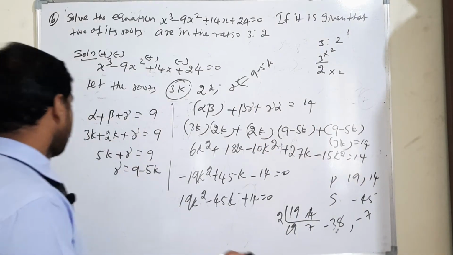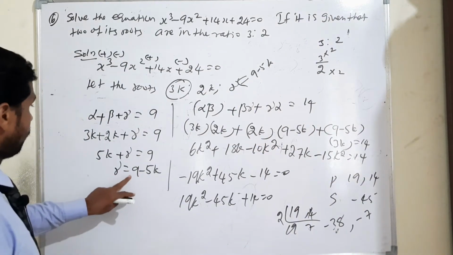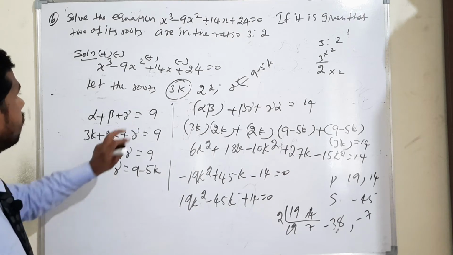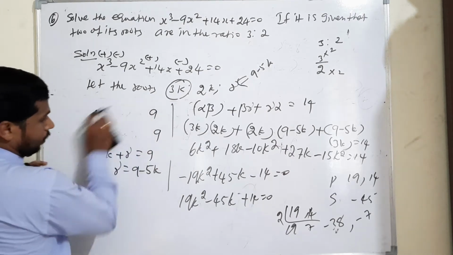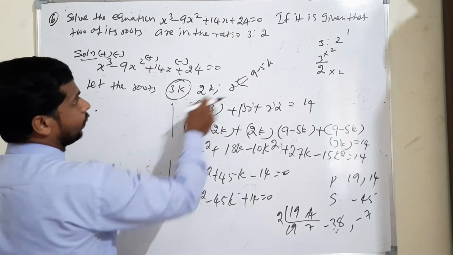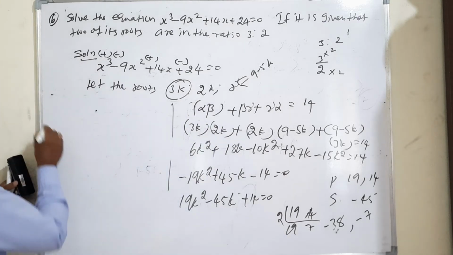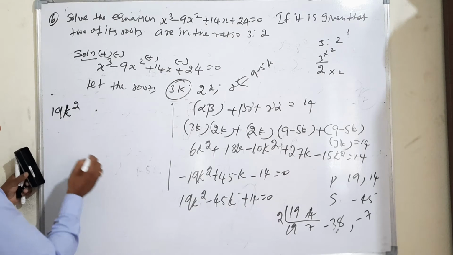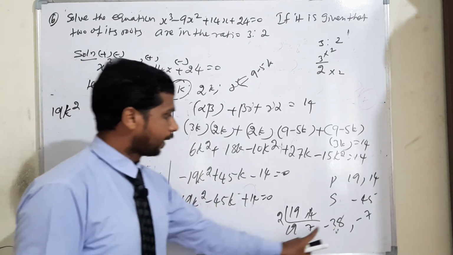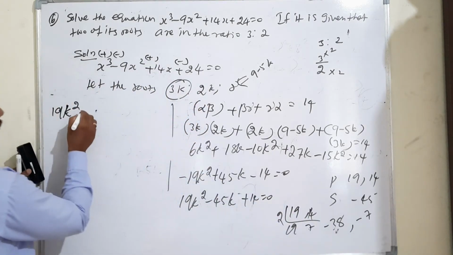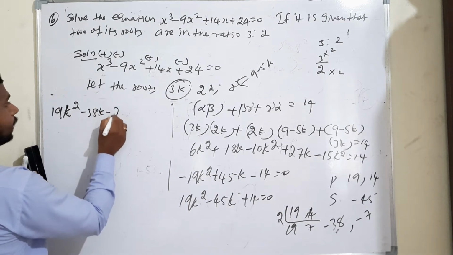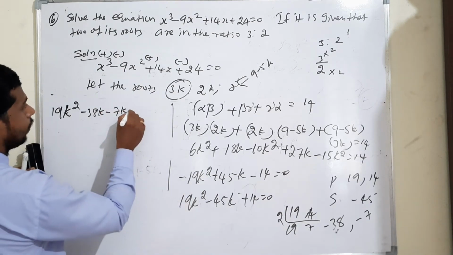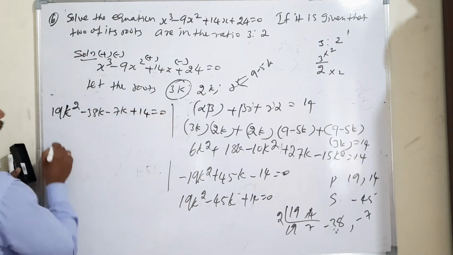Okay, now we need this answer. This is already written: gamma is equal to 9 minus 5k. Therefore, 19k square minus 38k minus 7k plus 14 is equal to 0.